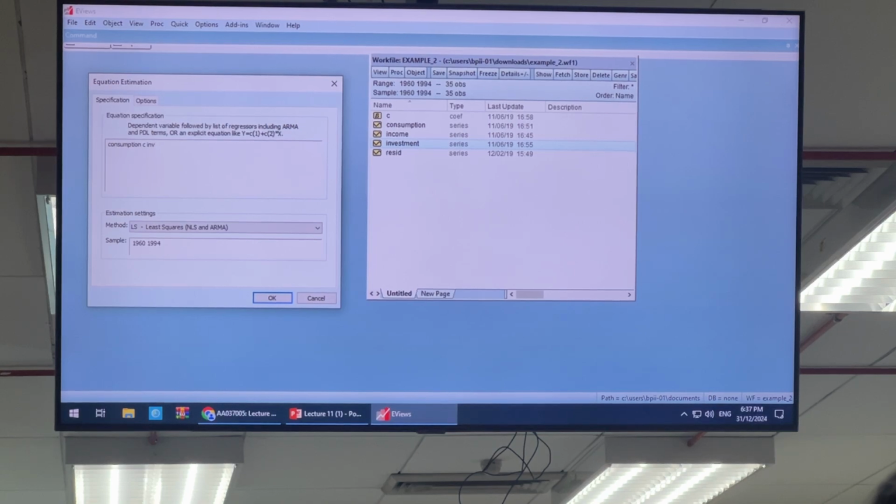Investment. Okay, so you can just use the least square. So it's not indirect least square, only ordinary least square.